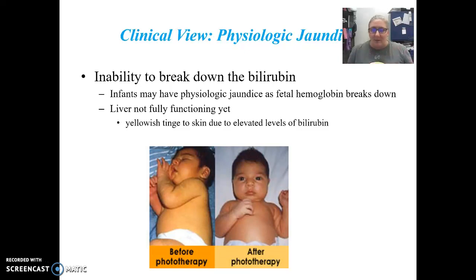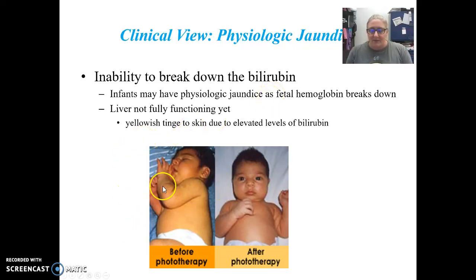When you break hemoglobin down, it produces bilirubin, and bilirubin left in the system causes the yellowish tinge to the skin, but that's not the big problem. The big problem is it can cause damage to the brain. It can actually lead to neurological problems.